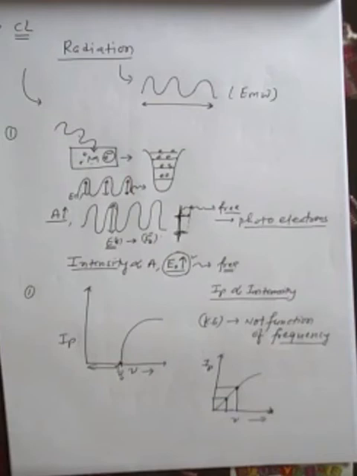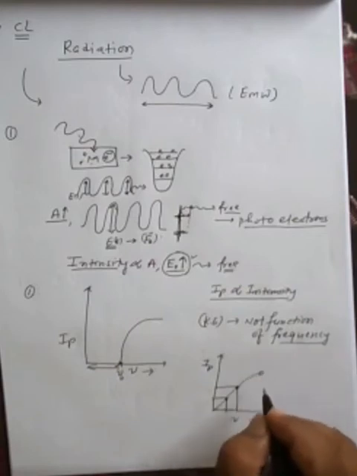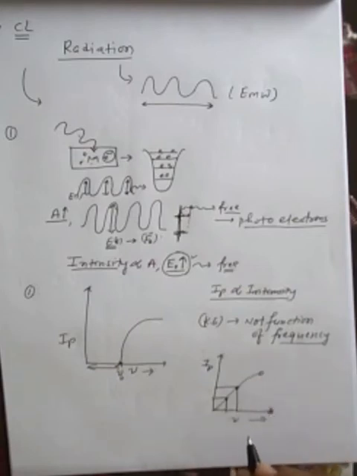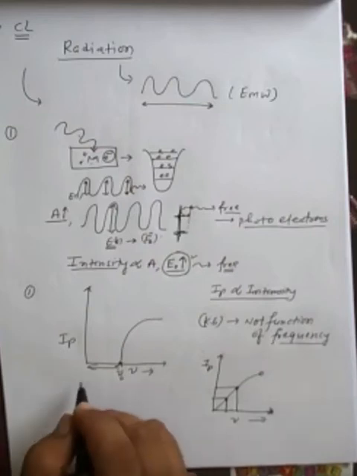It means the photoelectrons, the electrons can emit from the surface at any frequency wave or the radiation of any frequency. But this is not true.